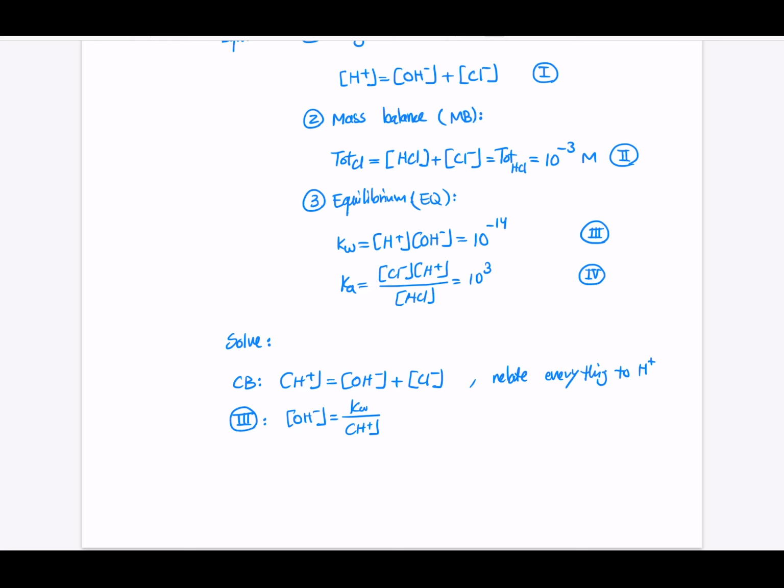Which equation we should use to rearrange? Equation 4, exactly. So if we do equation 4, then we get Cl minus equal to Ka HCl, and then over H plus, just rearranging equation 4.